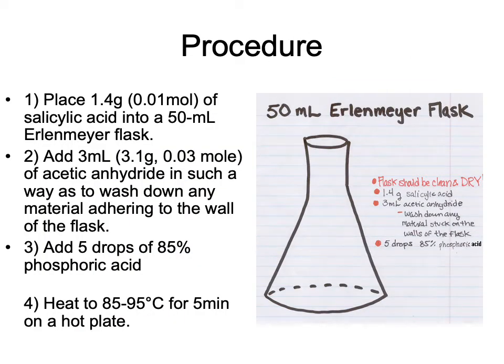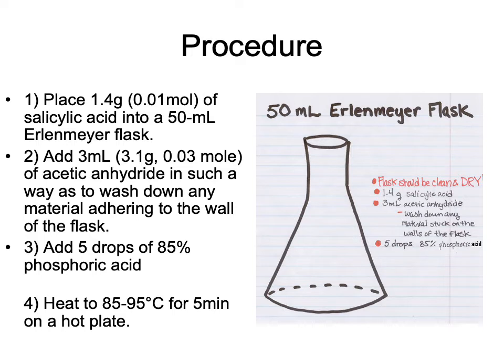Okay, for producing aspirin we need to first start with 1.4 grams of salicylic acid. We add the salicylic acid into a 50 milliliter Erlenmeyer flask, and then we are going to add 3 milliliters of acetic acid.